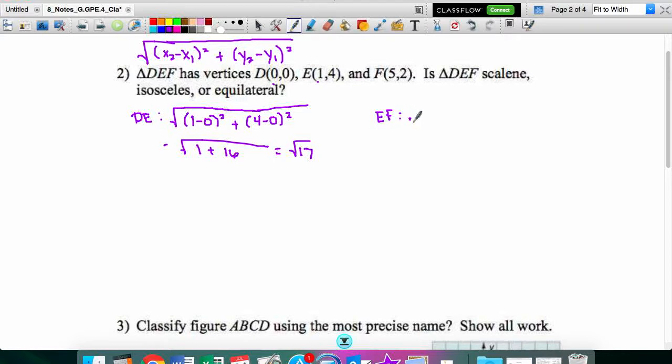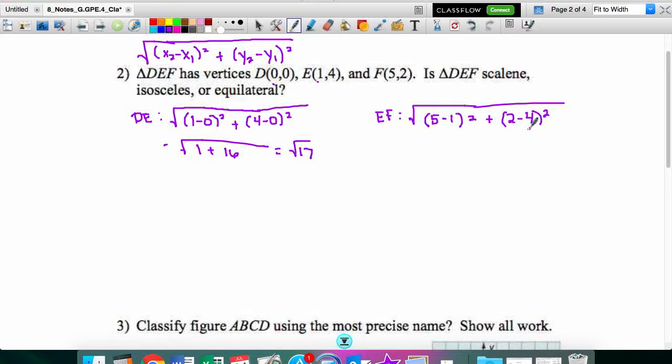For EF, we again have our distance formula. Difference of x's, so our x's are 1 and 5, so the difference would be 5 minus 1 squared, plus difference of y's, so for EF, my y's are 4 and 2, so we're going to go ahead and do 2 minus 4, or you could do 4 minus 2 technically, because when you square it, it actually doesn't matter.